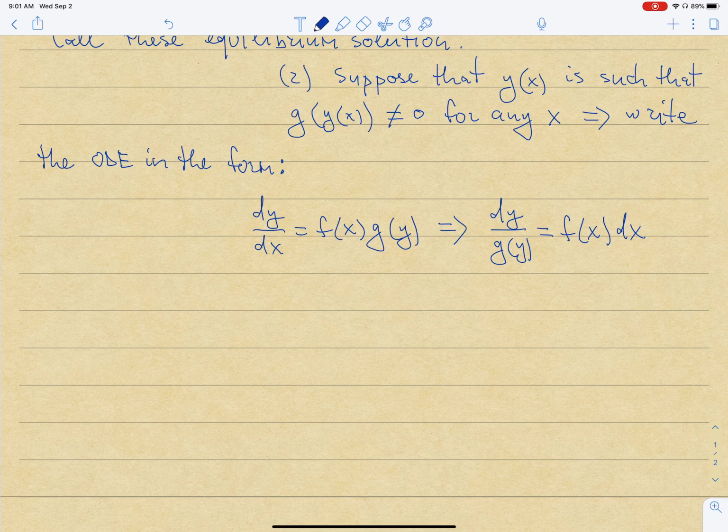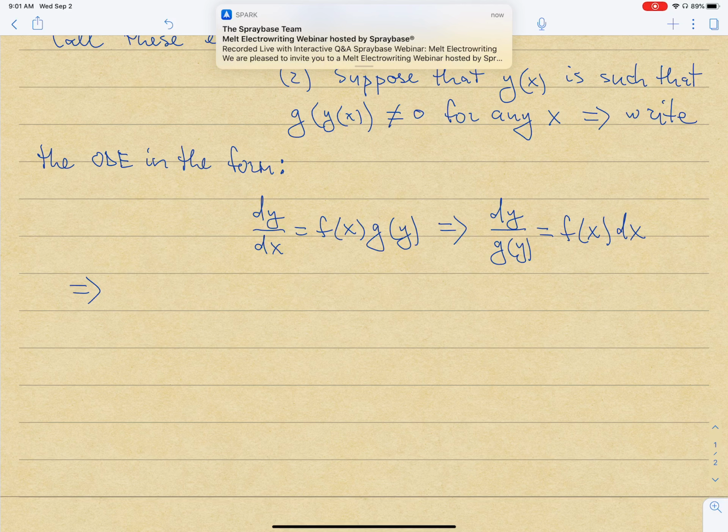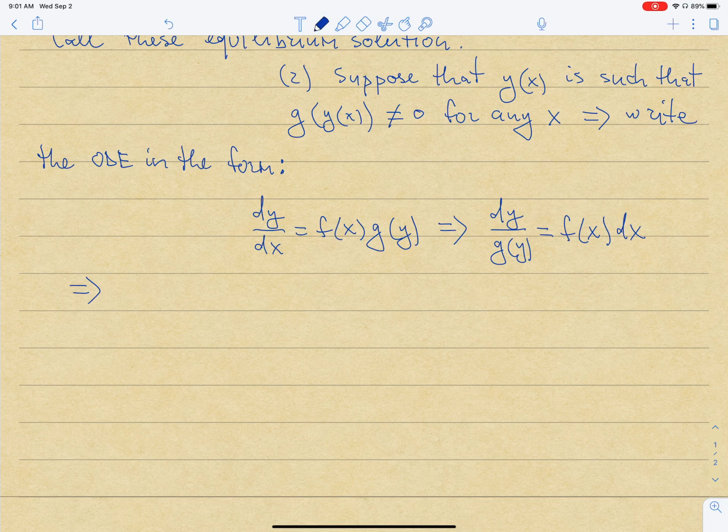Fine. So if I have this, then the function on the left and the function on the right are equal, so I can take their antiderivatives. Their antiderivatives must be the same. So if I take an integral of dy over g of y, this must be the same as an integral of f of x dx. Okay, and then what have I got?